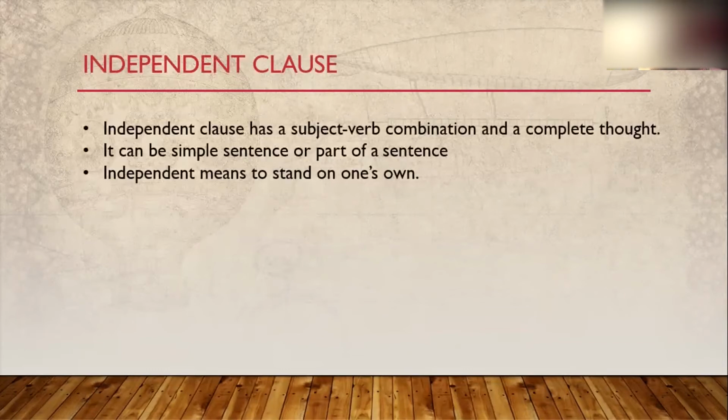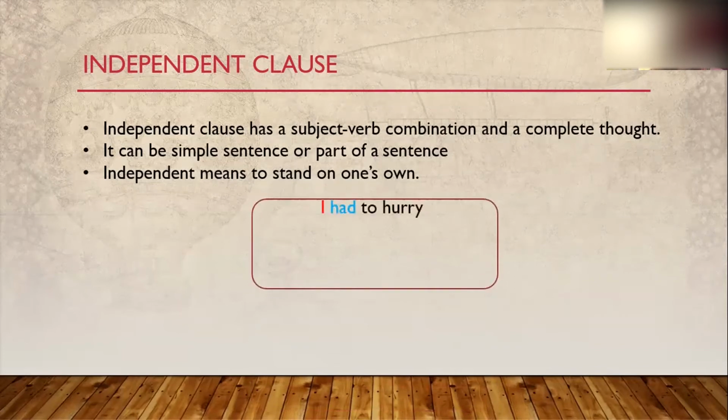Moving on, an independent clause has a subject-verb combination, and it gives a complete thought or message. Independent means to stand on one's own, and it can be a simple sentence or a part of a sentence. For example, we can see here I is a subject and had is a verb. I had to hurry.